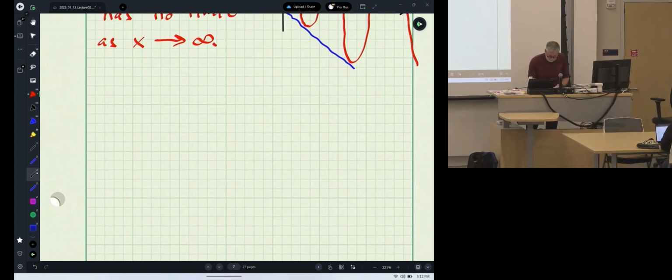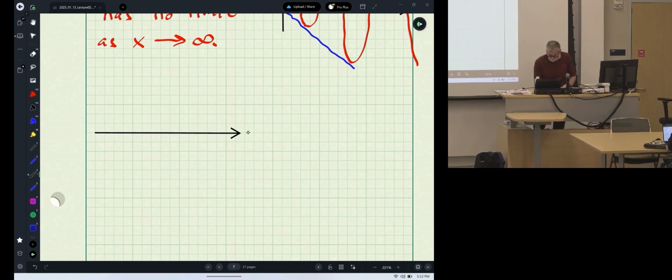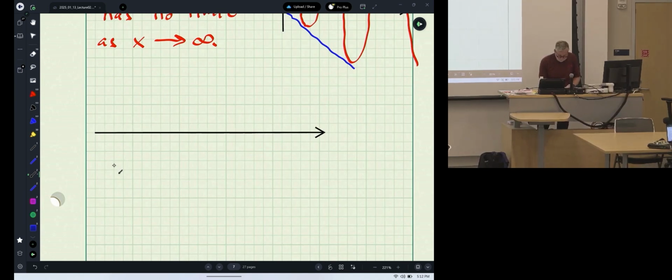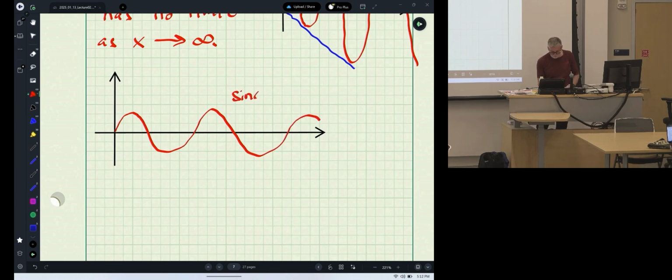Let me do another example. And I'll attempt to draw a sinusoid. Okay, so this is sine of x. Can you tell? Good enough, right?